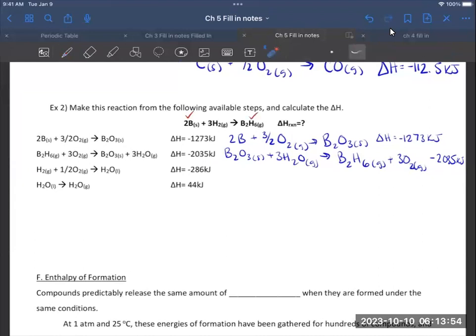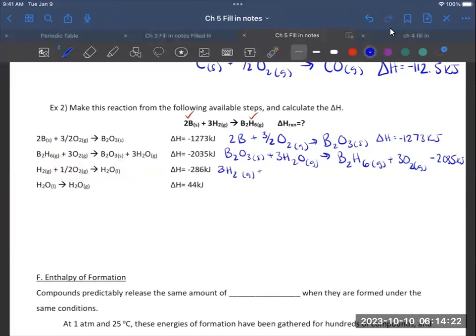Next up, in this one, do you guys notice I need 3 H2s? And here I only have 1 H2. So what I'm going to do for this step is I'm going to multiply this step by 3. So basically I'm going to do that. Okay. So I get 3 H2s out of it. So I'm going to do 3H2 gas plus, so this right here says 1/2 O2.